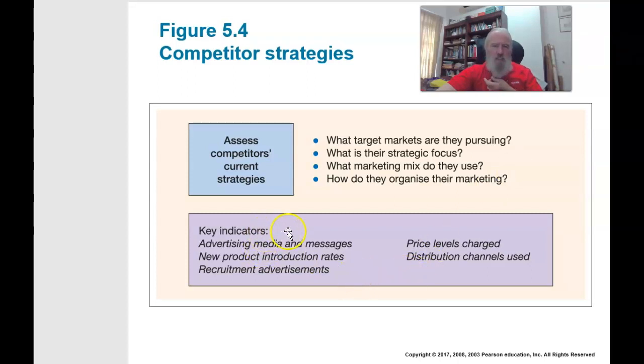The key indicators are sometimes called telltale signs, and it's absolutely amazing what you can find out from things like job adverts. So if your competitor is thinking of setting up a new branch, say in Johor or Penang, and you happen to hear about it, you can look in the newspaper or Job Street or whatever and see where they're advertising for customer service managers, office managers, area managers, or whatever, and that will tell you how close they are to actually launching.